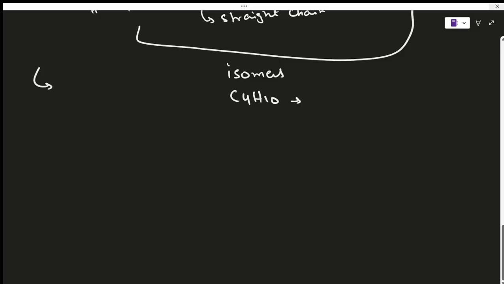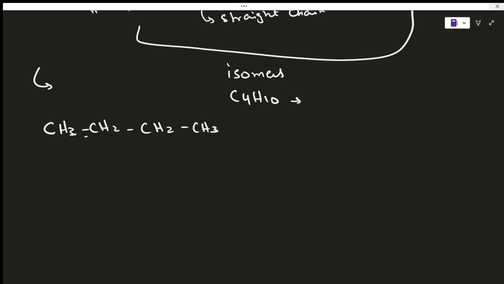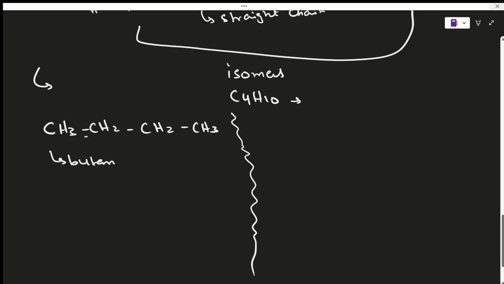Now you can also write this in a different way, which is a bit quicker. So this is CH3, CH2, where the dash represents a single bond, CH2 and again a CH3. This is the straight chain way of writing a butane molecule. If I were to write the same with the branched one, this would look something like this.